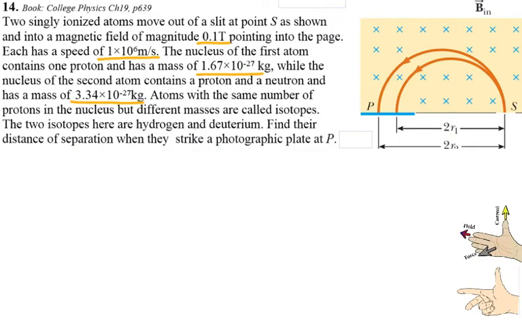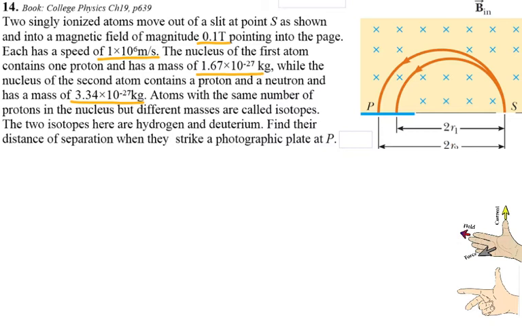So here is another question that is given, and here they say that two singly ionized atoms, that means they're positively charged, move out of a slit at point S as shown and into the magnetic field of magnitude 0.1 Tesla pointing into the page. Each has a speed of 10 to the 6 meters per second.